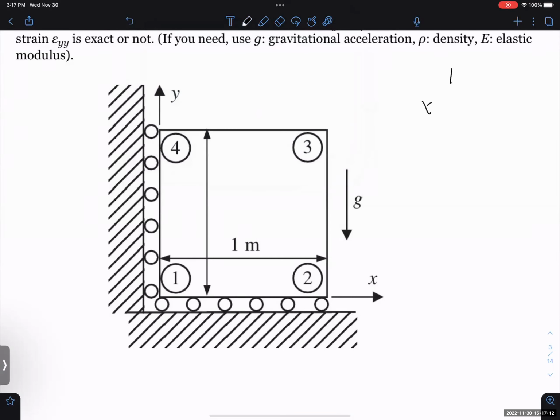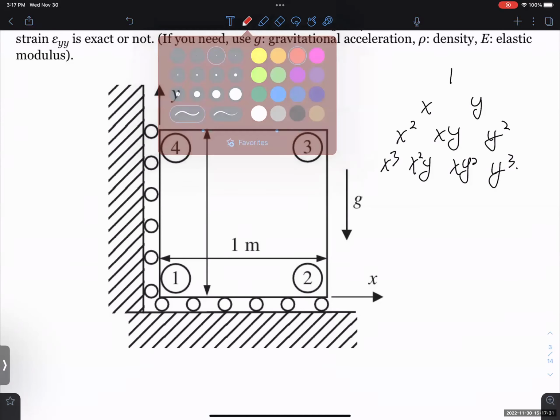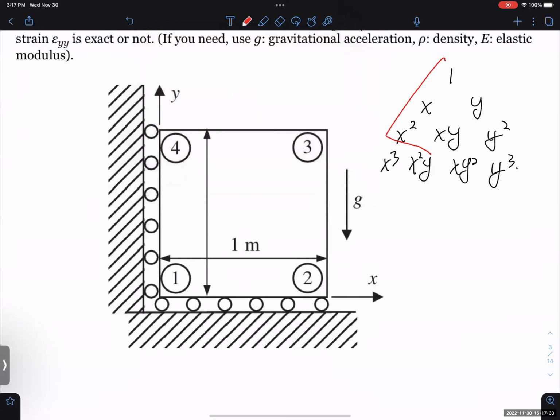so let's say X, Y. Let's say Abaqus uses this A term. Right. So Q8 basically means it's a rectangular element with 8 nodes.